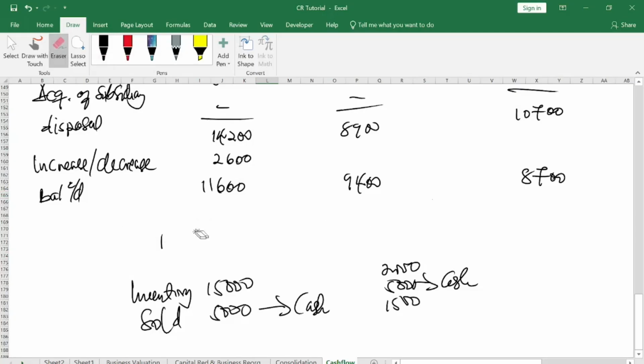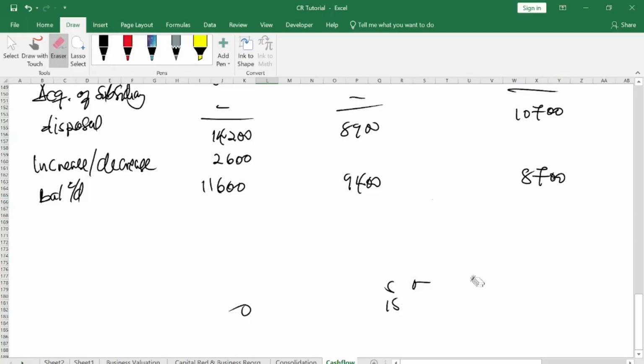Okay. Now let's go to the receivables. Receivable was 8,900. Now at the end of the account here, it has increased to 9,400. What do you say about this? Receivables are like your debtors, right?